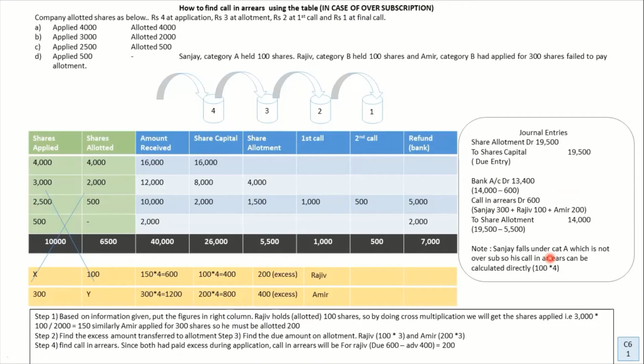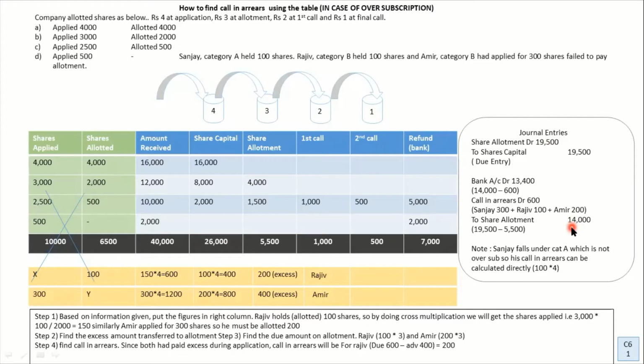So obviously that person will not pay you again. That is why the amount to be written in the credit side would be 19,500 minus 5,500, 14,000. If you write this 19,500 down, everything will go wrong. So be very careful with this figure.